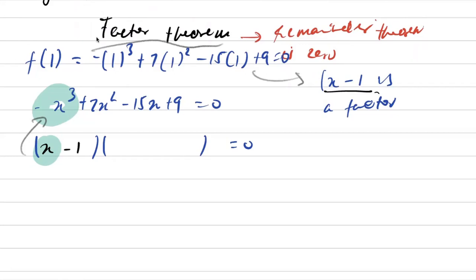It's negative x squared. That was easy to come by. Again, I'm looking for a number that I'm going to multiply by negative 1 to give me a plus 9. It's negative 9, good.